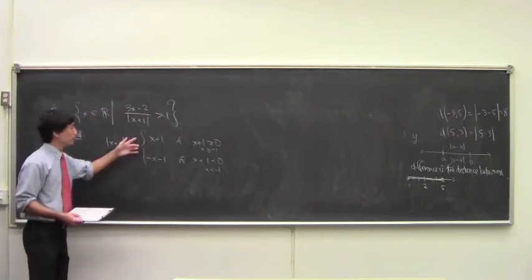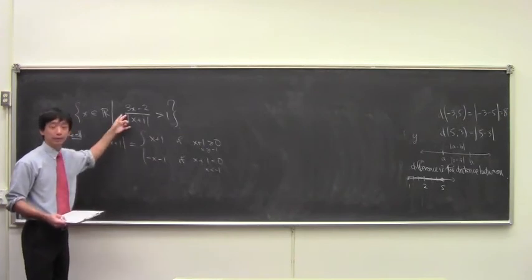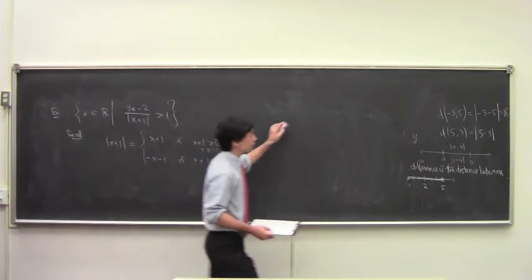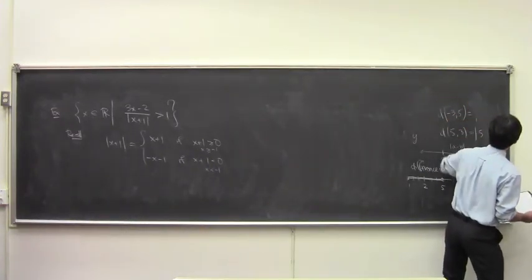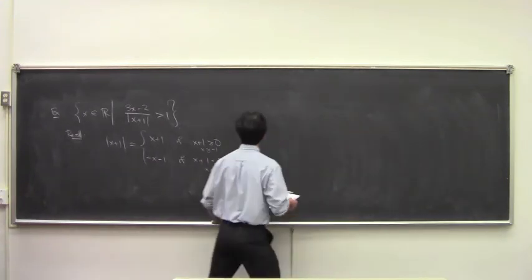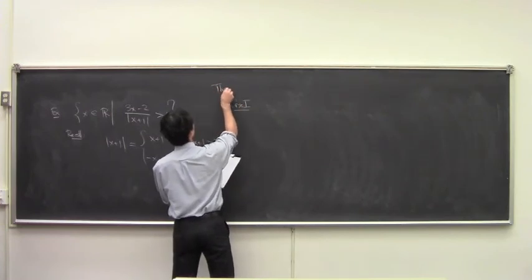So the meaning of the absolute value is going to differ depending on where you are. What one has to do is just break this up into two possibilities. So here's case 1.